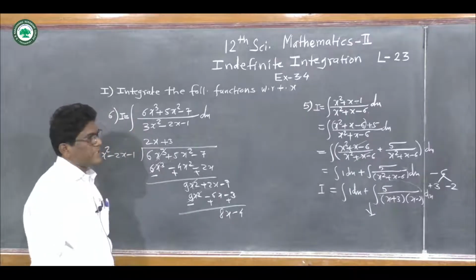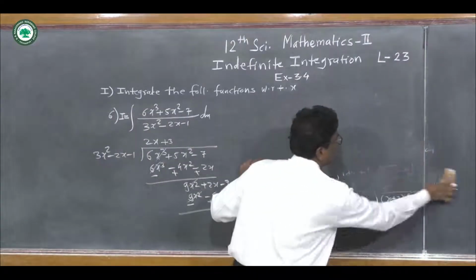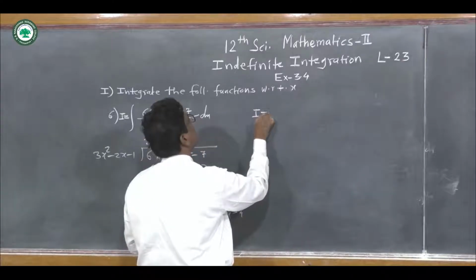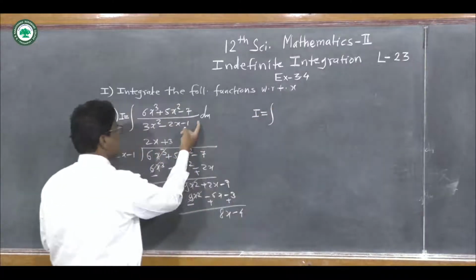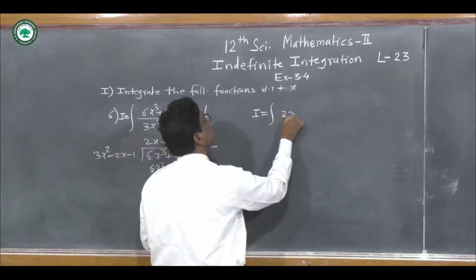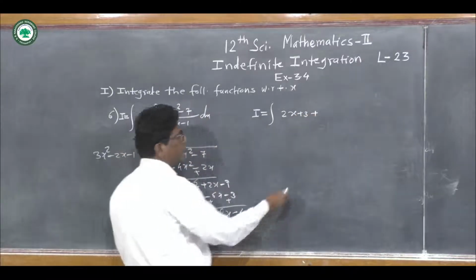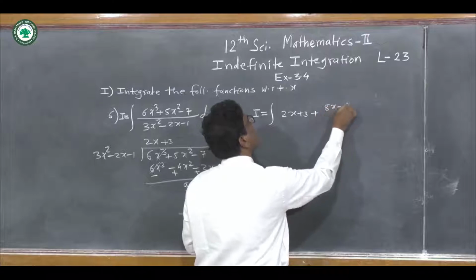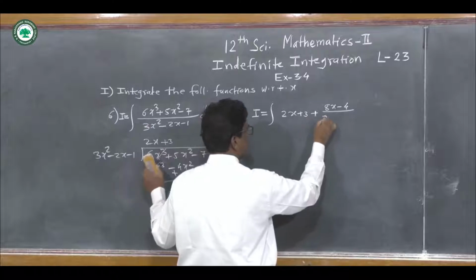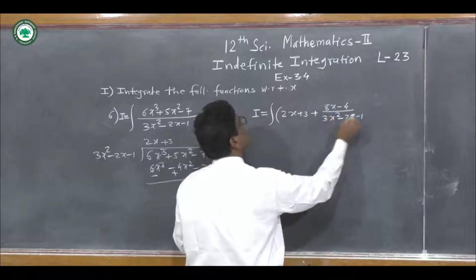And so we write this rational function like this. So the integral I becomes I is equal to the integration of, we write this improper rational function as the quotient 2x plus 3 plus the remainder 8x minus 4 divided by 3x square minus 2x minus 1, dx.